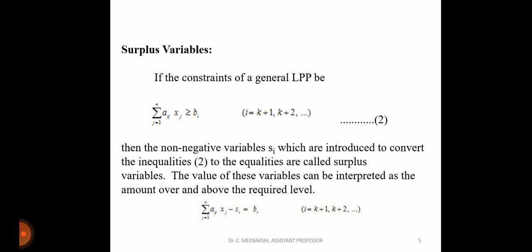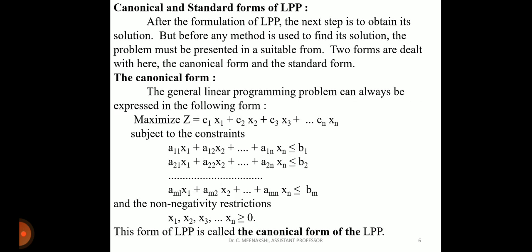That is, sigma j equals 1 to n, aij xj minus si equals bi. The greater than or equal to constraint is converted into an equality by subtracting the variable, and that variable is known as the surplus variable.